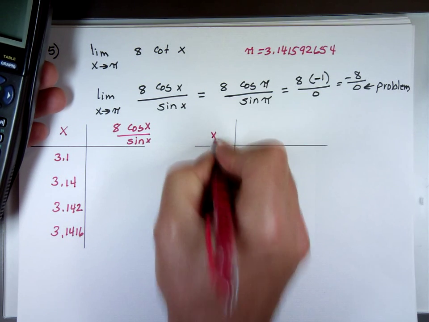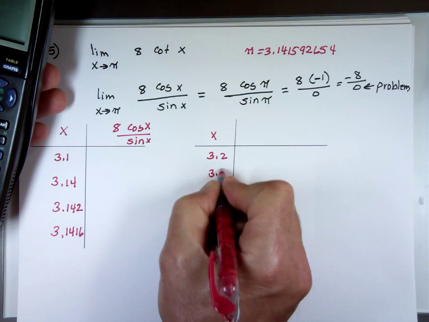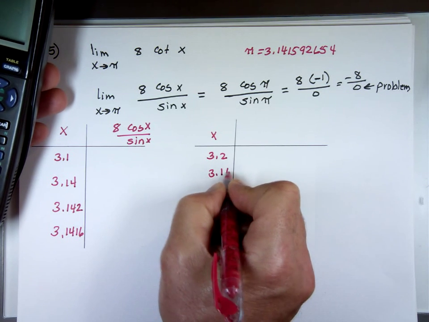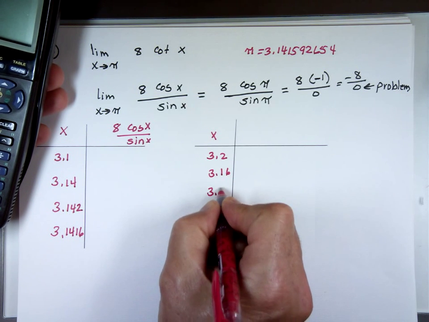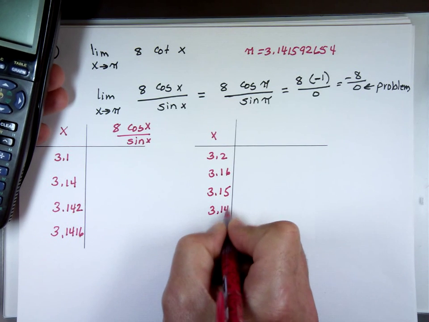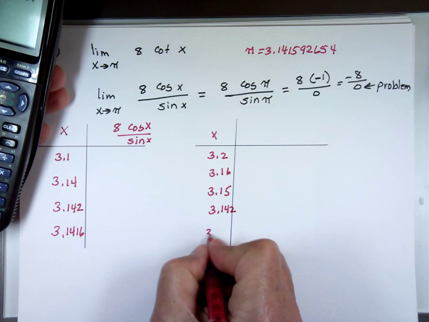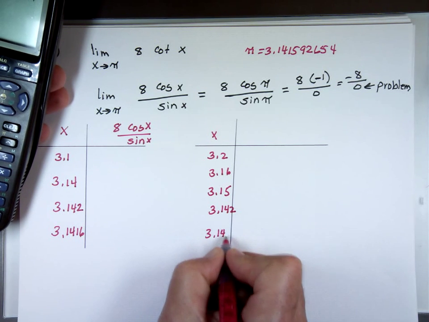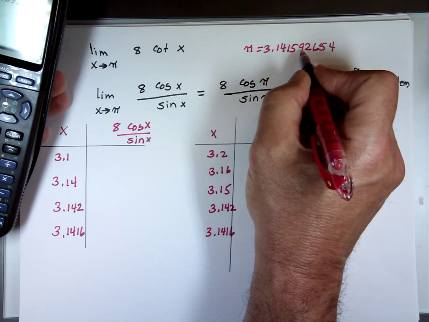Maybe I'll try 3.2, 3.16, 3.15, 3.142. Notice I'm bigger than 3.141. 3.1416. I'm trying to stay just a hair bigger than each digit there. That's approaching from the right side.